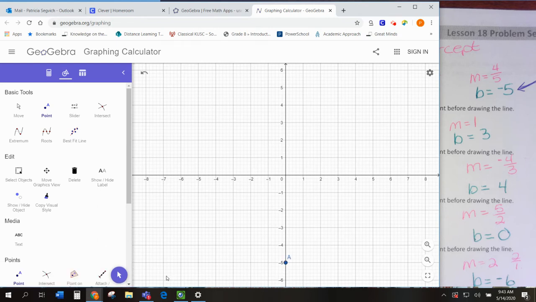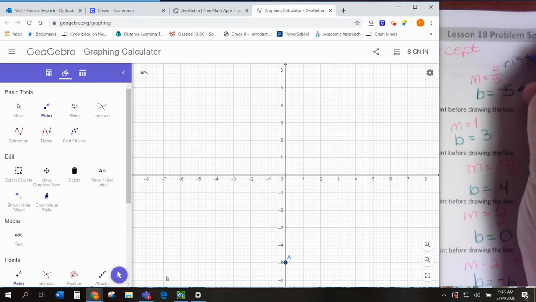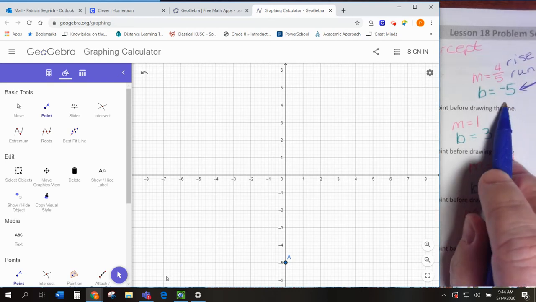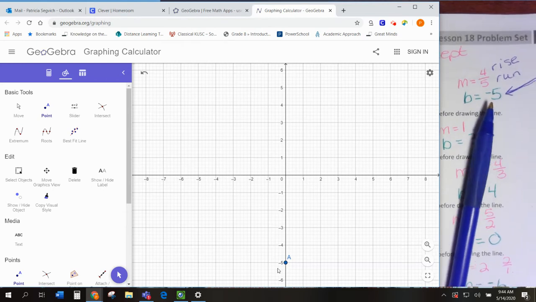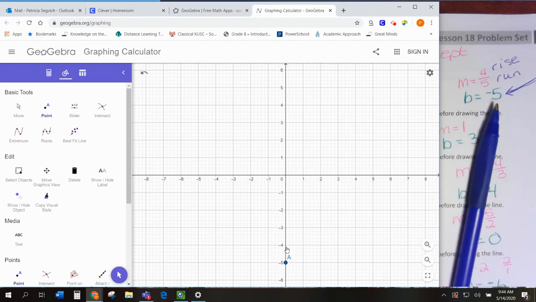Then I have a slope of 4/5. So 4 is my rise, 5 is my run. Starting right here at point A, I'm going to go up 4 because I have a rise of 4. 1, 2, 3, 4.